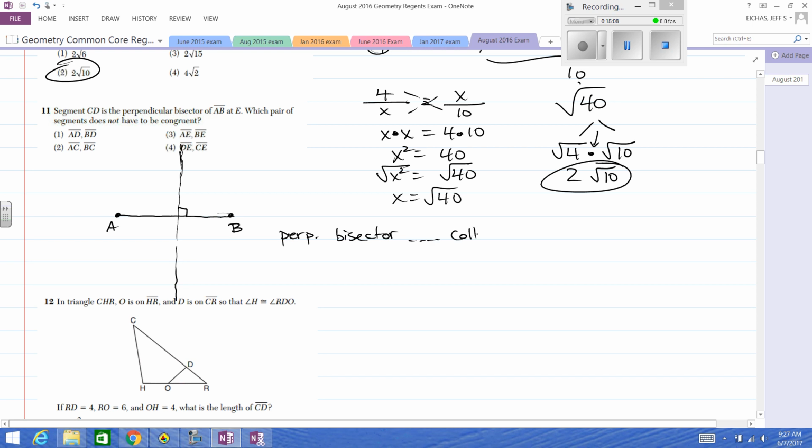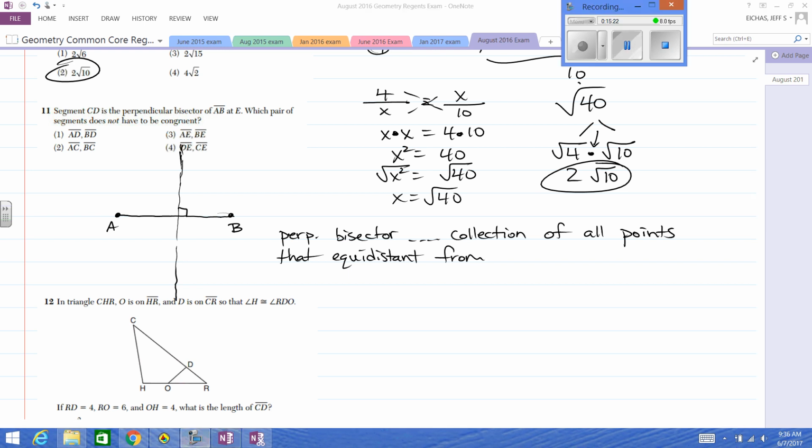It's a collection of all points that are equidistant from both. So back to this, yeah. The perpendicular bisector, we've got the collection of all points that are equidistant from the two given points, A and B.